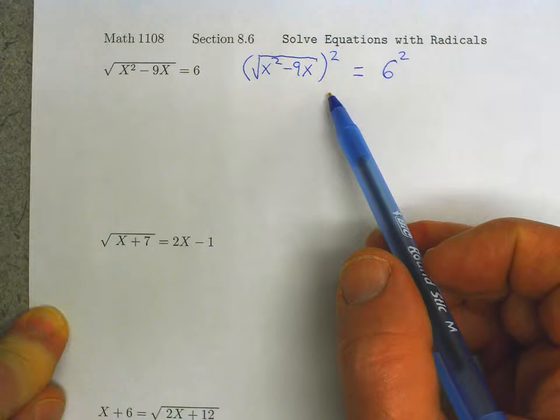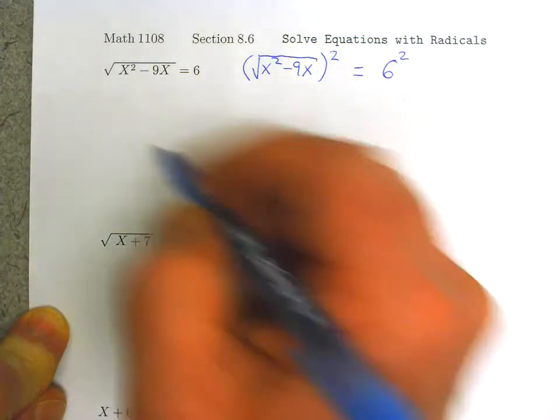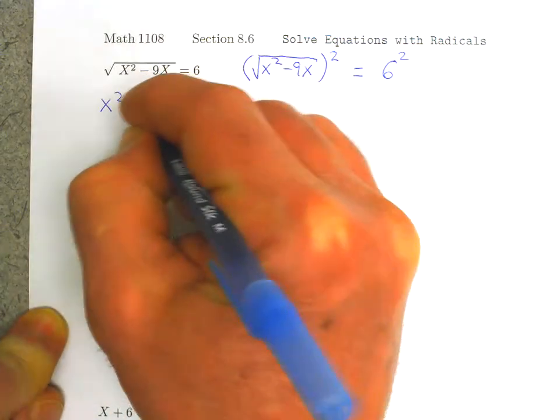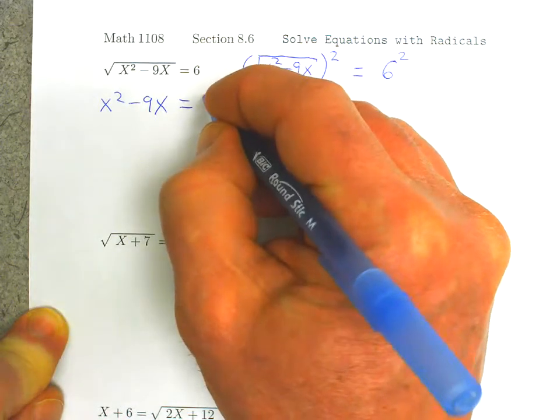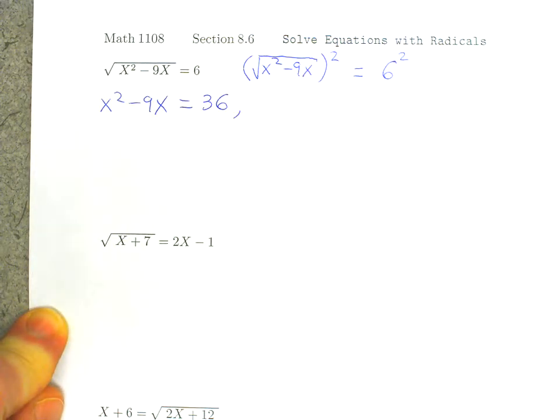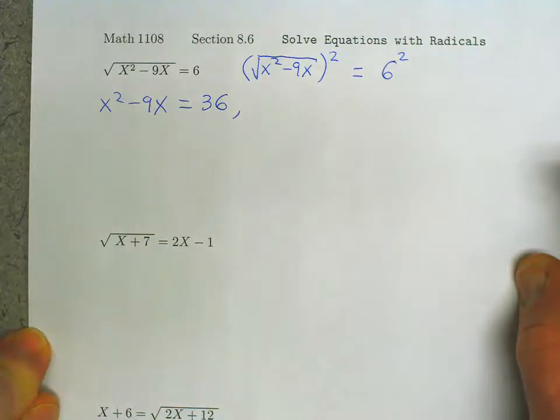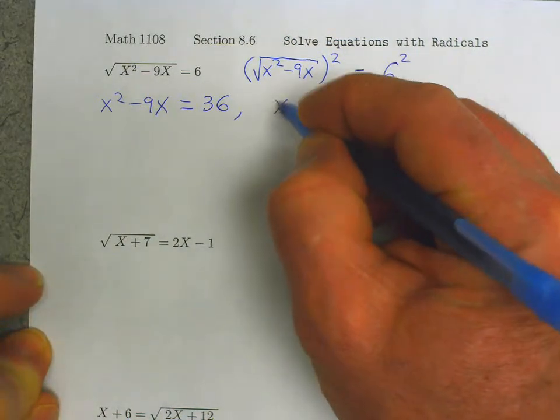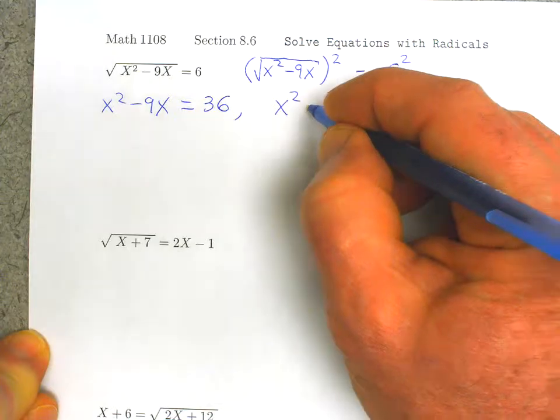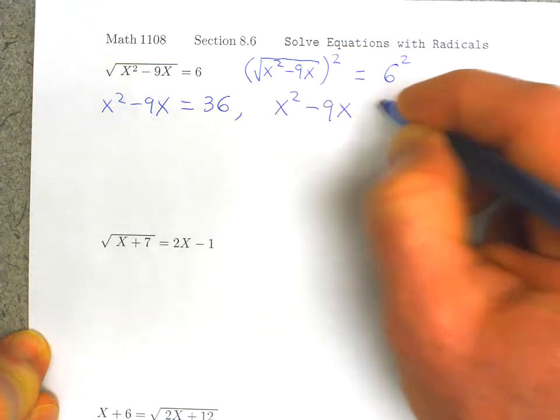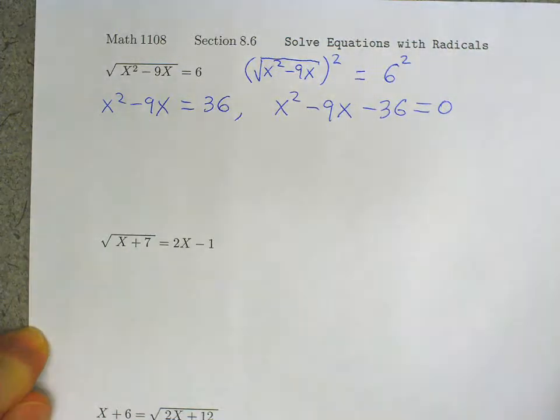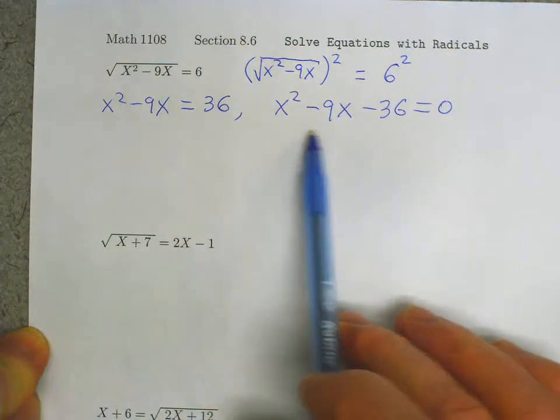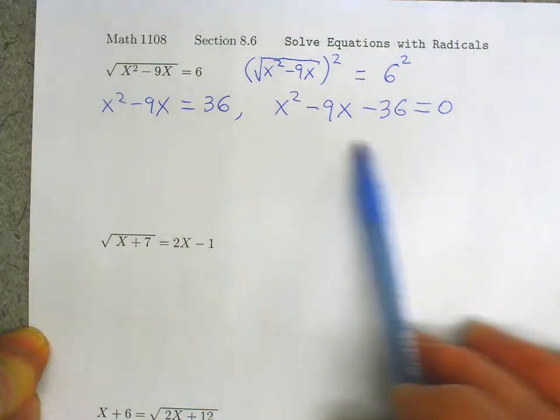Then when we square the square root of x squared minus 9x, we just get x squared minus 9x. And 6 squared is 36. So then we subtract 36 from both sides. And we get x squared minus 9x minus 36 equals 0. We can solve this equation by factoring.